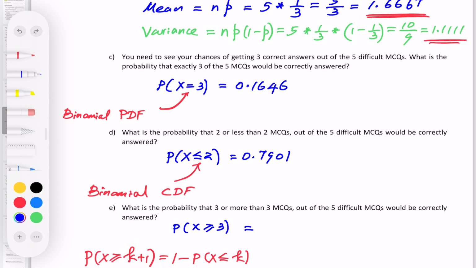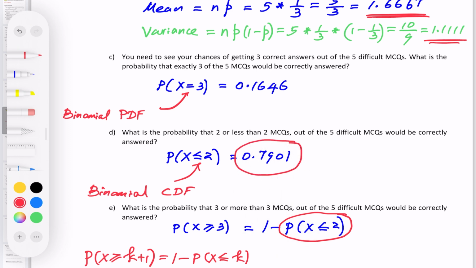Therefore, k should be equal to 2. Therefore, on the right hand side, we are going to write it's 1 minus probability x less than or equal to 2. Of course, this value, probability x less than or equal to 2, was found in the previous step. It was found to be equal to 0.7901. Therefore, we can straight away use that value.